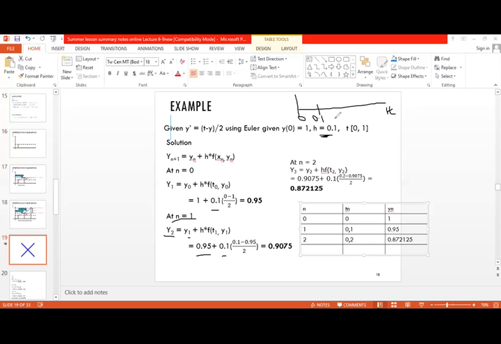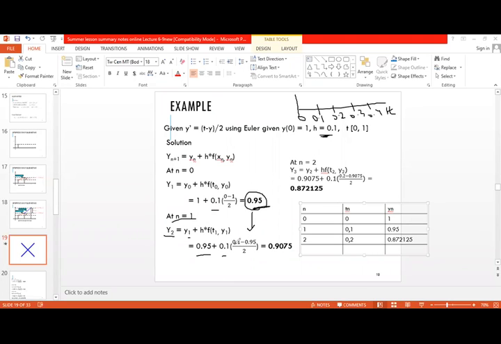Then it will go to 0.2, 0.3, 0.4, 0.5. So you keep going till you get to 1. This is the incremental step. So t1 is 0.1, and you substitute that into the function. And y1, you've already calculated to be 0.95. So you substitute it here, over 2.